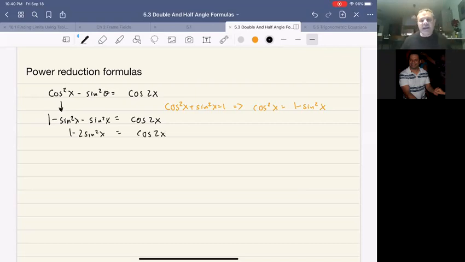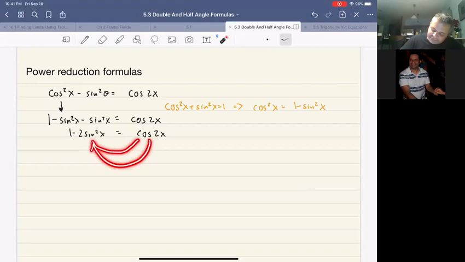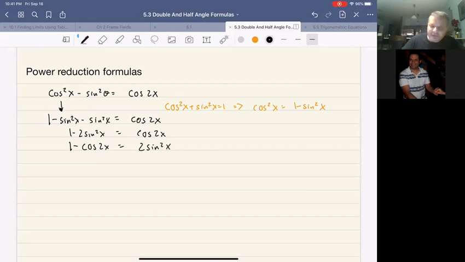Now from here we're going to solve for sine squared of x. I'm going to move this to this side, this to this side, and I get 1 minus cosine 2x equals 2 sine squared of x.